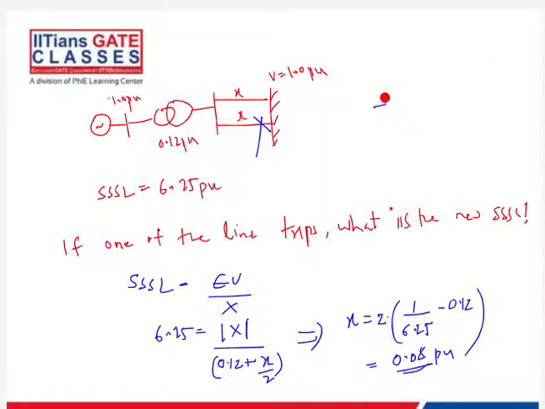At the simplest, there is one reactance. What is the equivalent reactance of the system? Now this is R1, R2, R2, and they have given the SSL, so you find R2, and then they are asking you to find the new SSL. As simple as that. Clear?